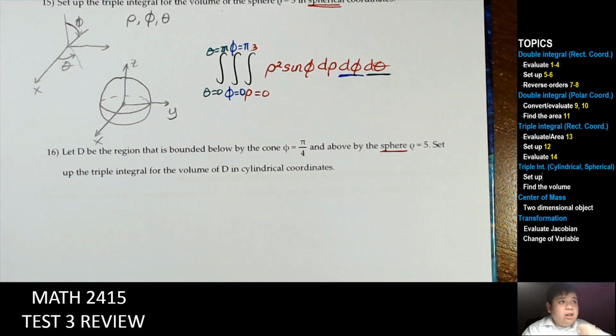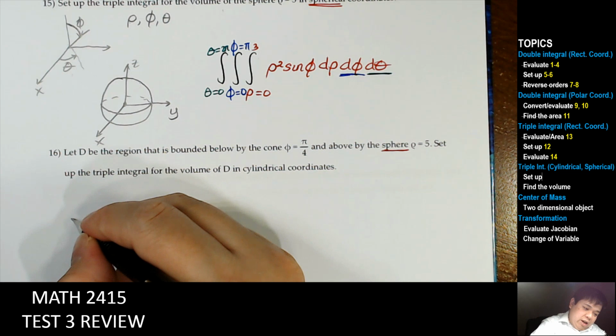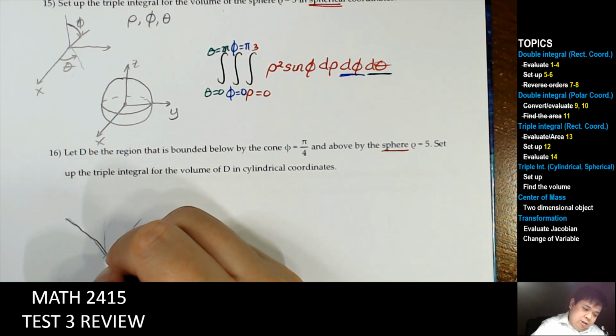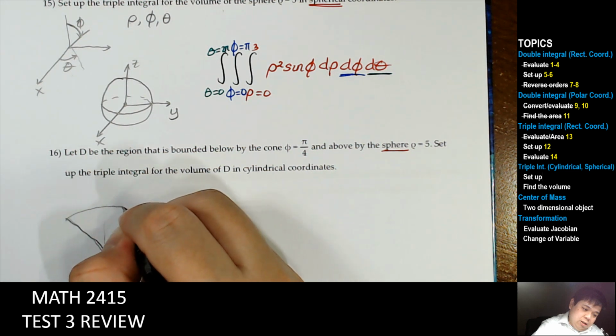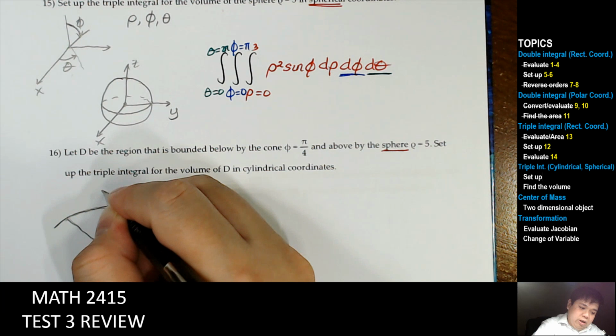Next we have the region bounded by the cone, and then above by the sphere. So it looks like an ice cream cone. I just draw the cross section over here.